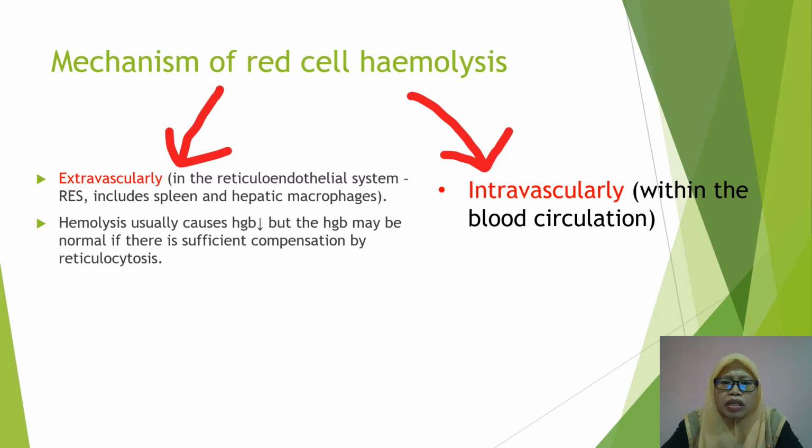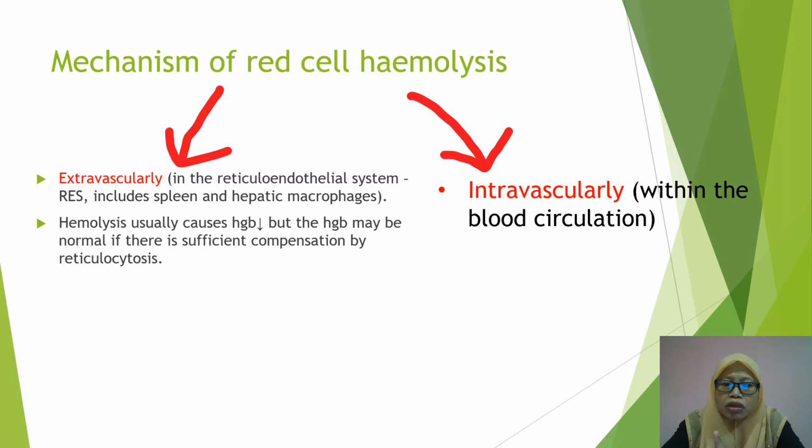Okay, before we discuss further the cold and warm AIHA, we need to know the mechanism of red cell hemolysis. The red cell hemolysis can occur either extravascularly or intravascularly. For intravascular, the process occurs within the blood circulation.